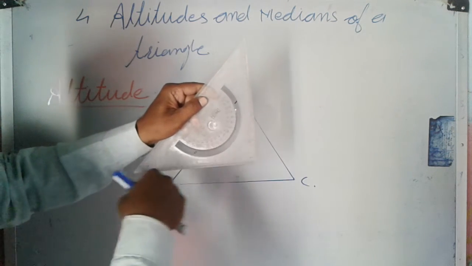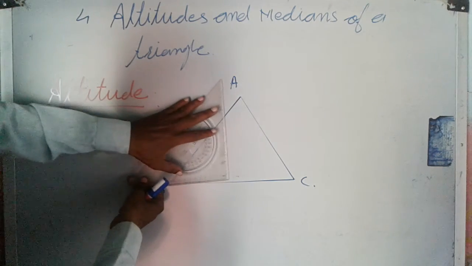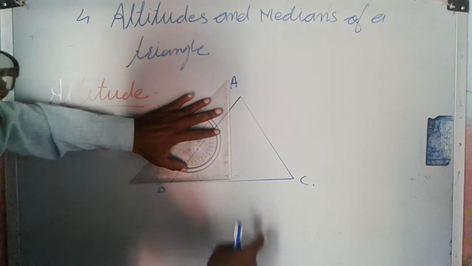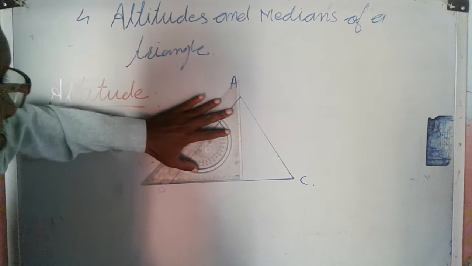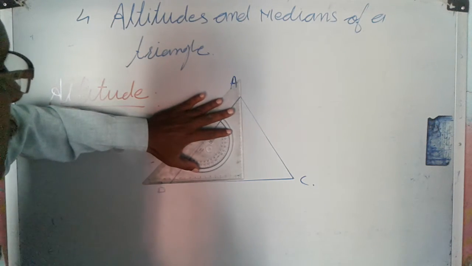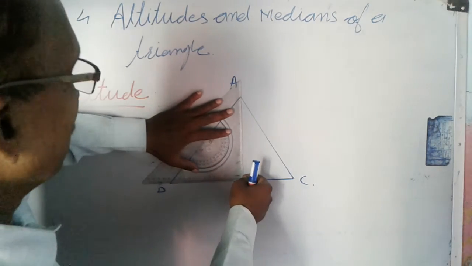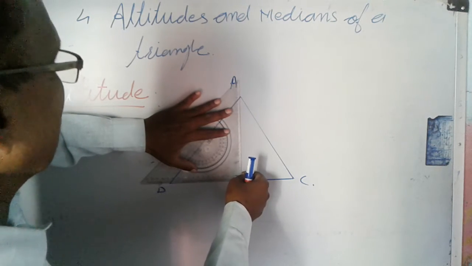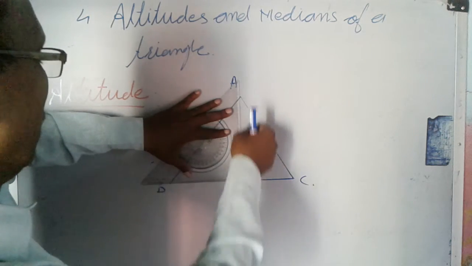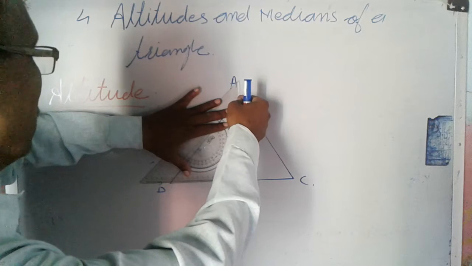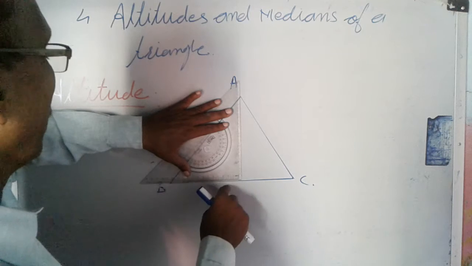So first, put one perpendicular side on the base, or on the opposite side of the vertex. And the other perpendicular side is placed such that the point A will be on this side. The vertex A is on one perpendicular side and the opposite side of the triangle is matching the other perpendicular side.